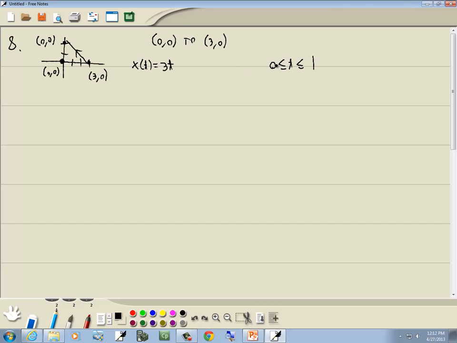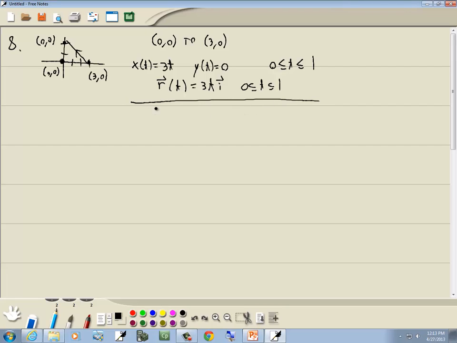If I plug 0 in for t, 3 times 0 is 0, which gives us our beginning x value. And if I plug in 1 for t, 3 times 1 is 3, which gives us our ending x value. Now notice on this particular piece, y is always equal to 0, isn't it? So this is what it would look like. If I wrote it in terms of our r, this would equal 3t i from 0 to 1.